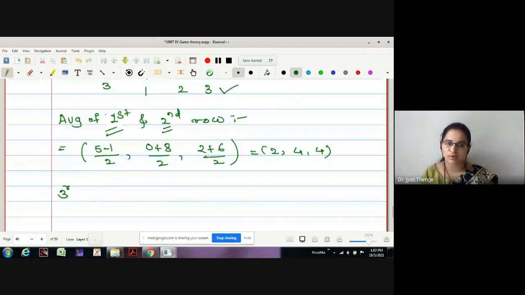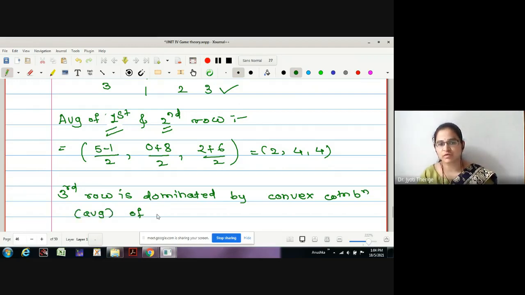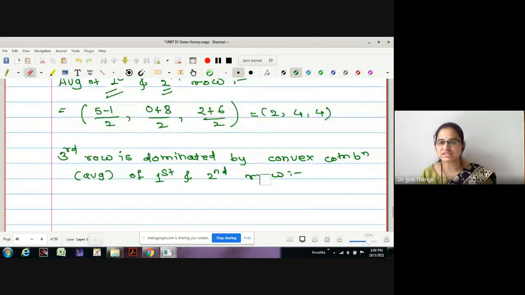Third row is dominated by the convex combination, the average of the first and second row. Therefore this row is inferior, na? Therefore, the third row can be deleted.